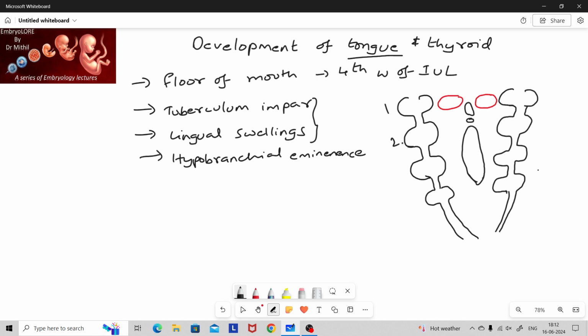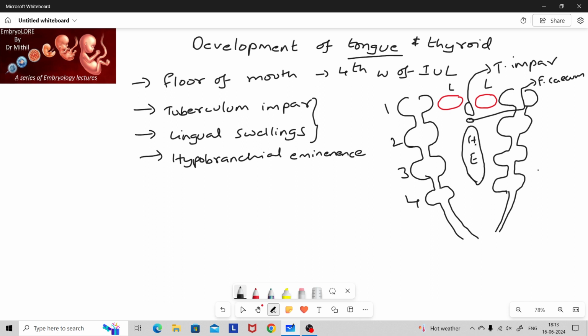Arches 1, 2, 3 and 4. So these are the lingual swellings, and here is the tuberculum impar, here the foramen cecum, and here the hypobranchial eminence.